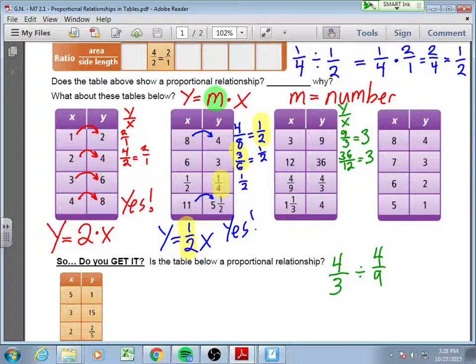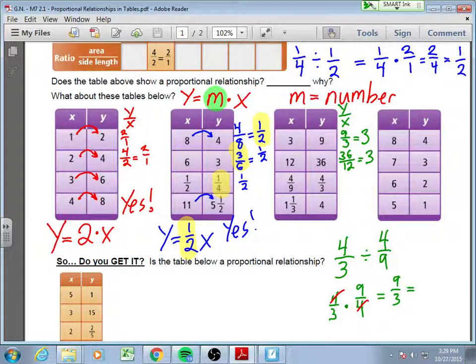I can keep, change, flip, so that will become 4/3 times 9 over 4. The 4s can cancel each other out. Now all we get is 9 over 3, and that can reduce to 3 over 1, or just 3. So this one again does equal 3.